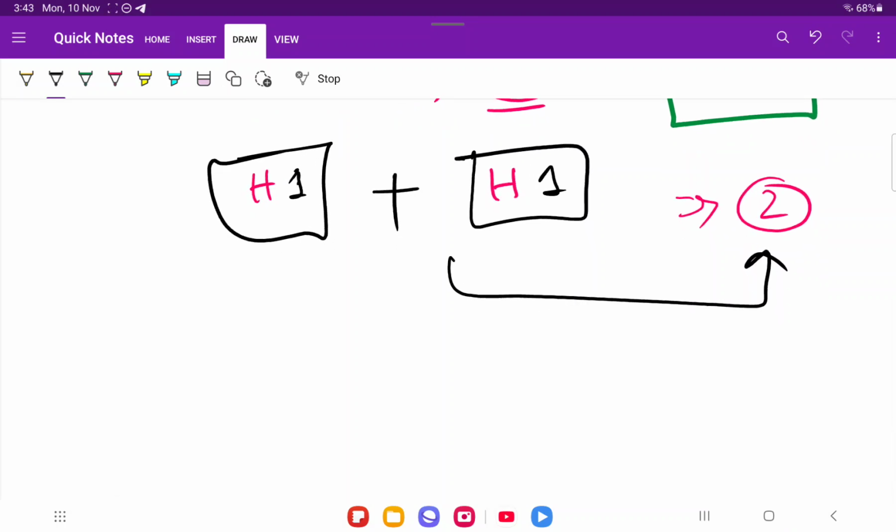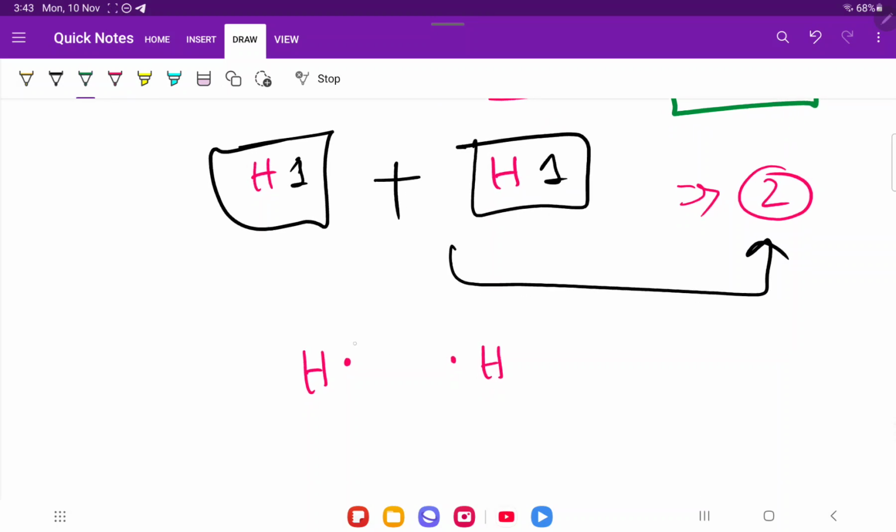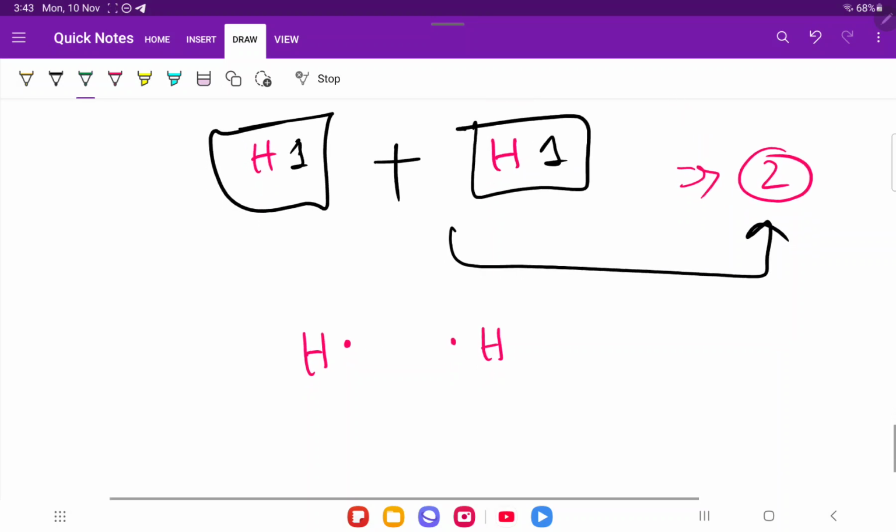This is a hydrogen atom having 1 electron, and another hydrogen atom having 1 electron. These electrons are basically combining, and whatever product they buy, they both can use it. That was the agreement.